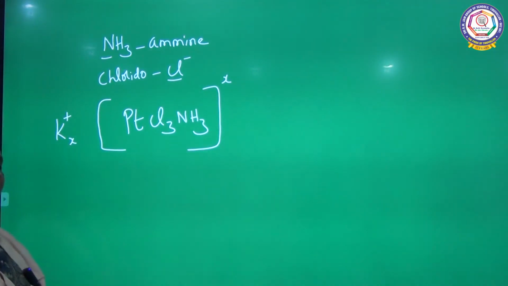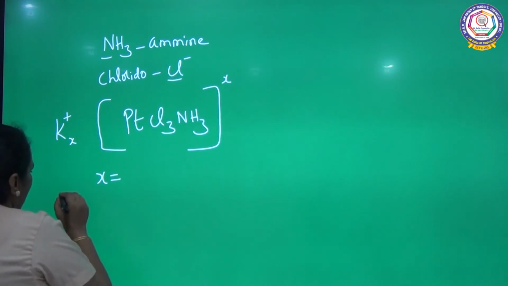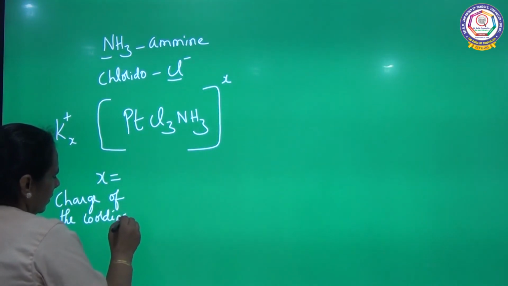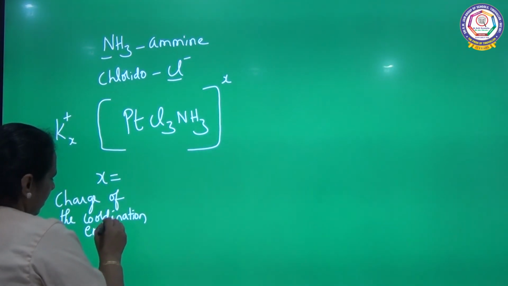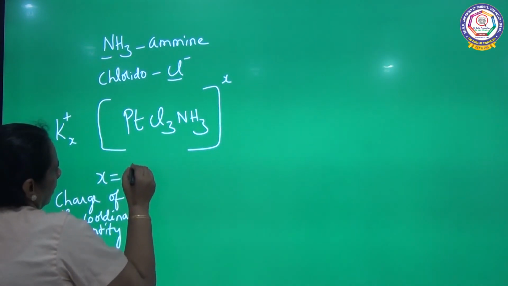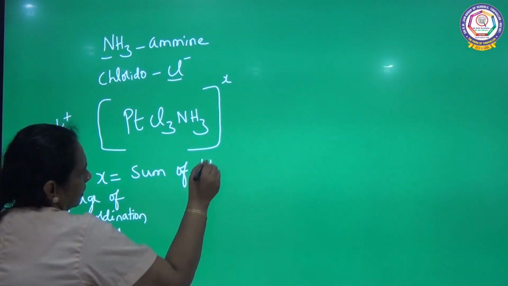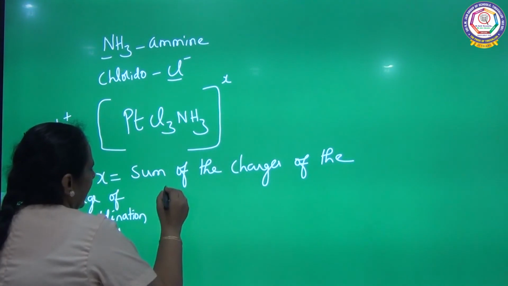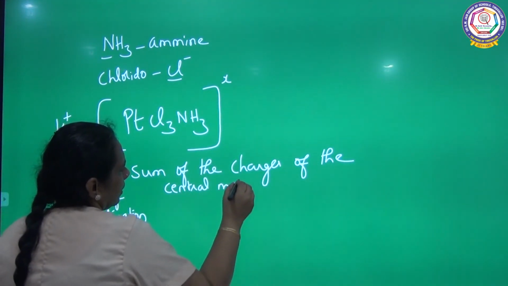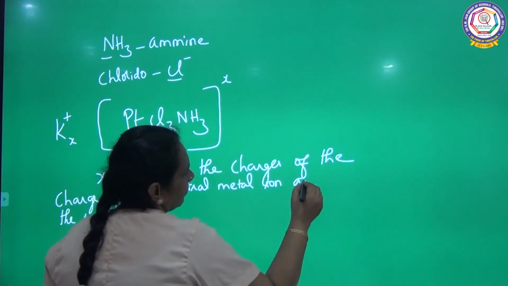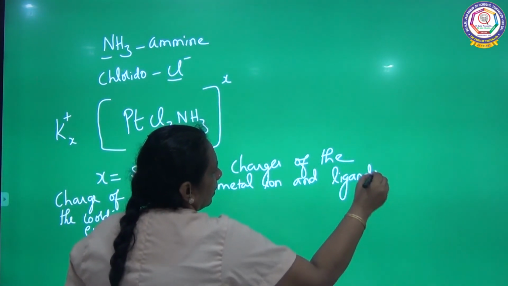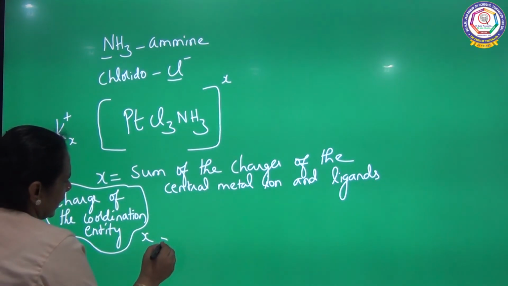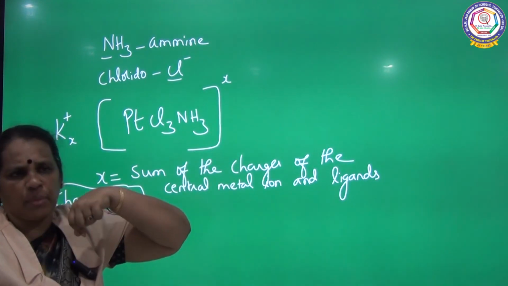So how can we calculate x? Already we have seen that x, the charge of the coordination entity, can be calculated by summing up the charges of the central metal ion and the ligands. Platinum's oxidation state is 2, as we saw in the name platinate 2.